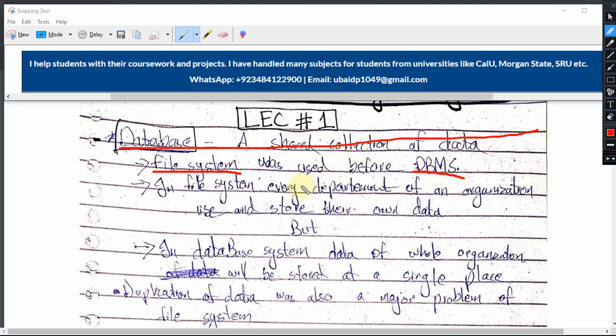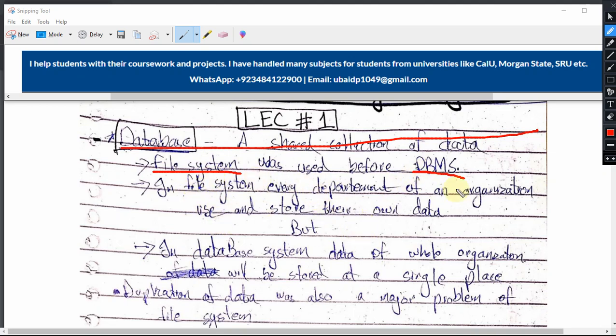And nowadays I think no one uses it for these purposes. Otherwise it can be useful in some other cases, but for the things we do with a database, now we prefer DBMS, right? So no more file system.